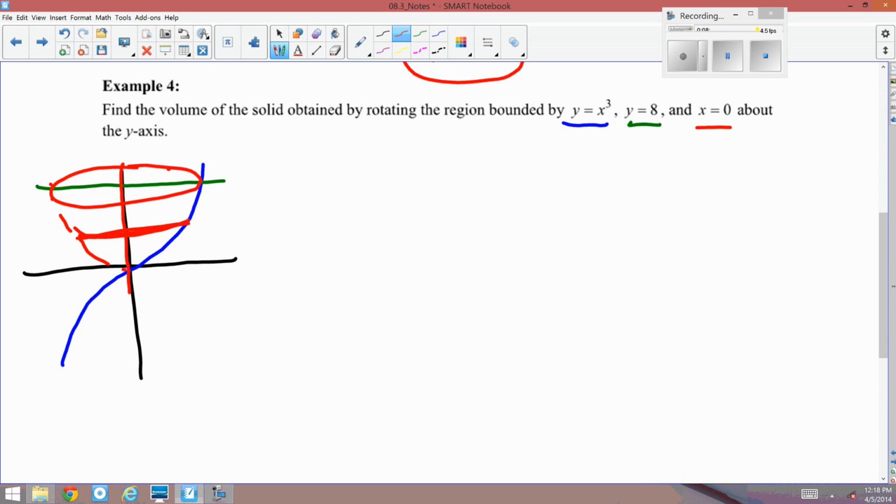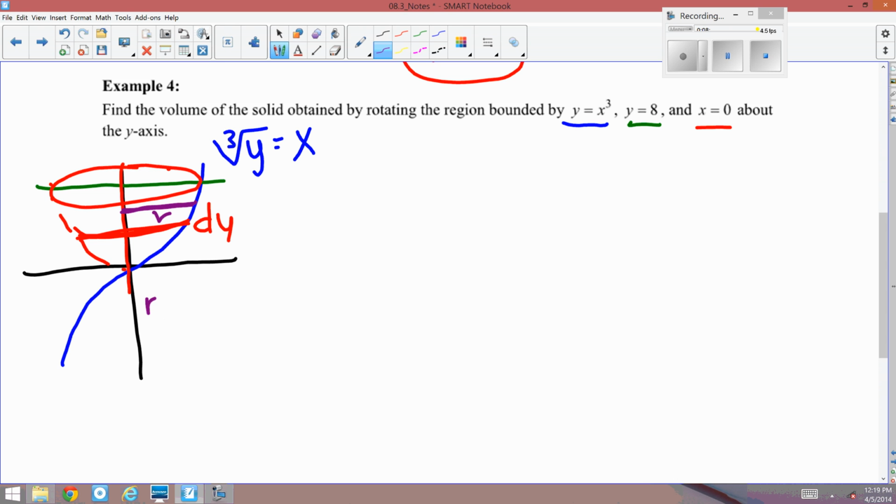So the width, instead of being dx, is now dy. So our functions need to be in terms of y. So this will be the cube root of y equals x. That would be solving. All right, and then so that'll help us find our radius. It's going to be from this line all the way to 0.